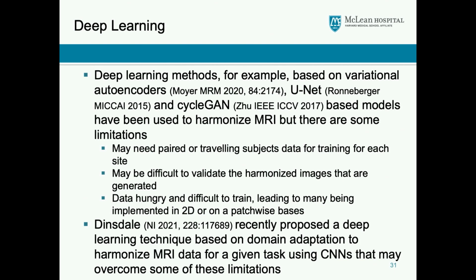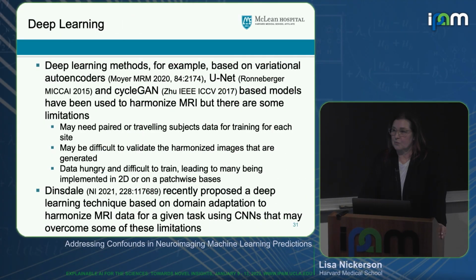Their method uses an iterative update approach with the goal of creating scanner invariant representations of the data that can be used to reconstruct the input images so that they contain minimal information about site or scanner while simultaneously maintaining performance on the main task of interest. So removal of scanner information from the feature space prevents that information from driving the prediction. So it seems to me like a denoising within the machinery itself.